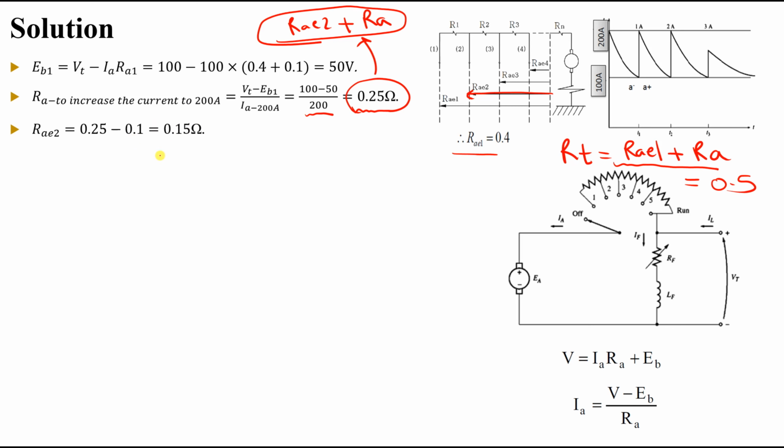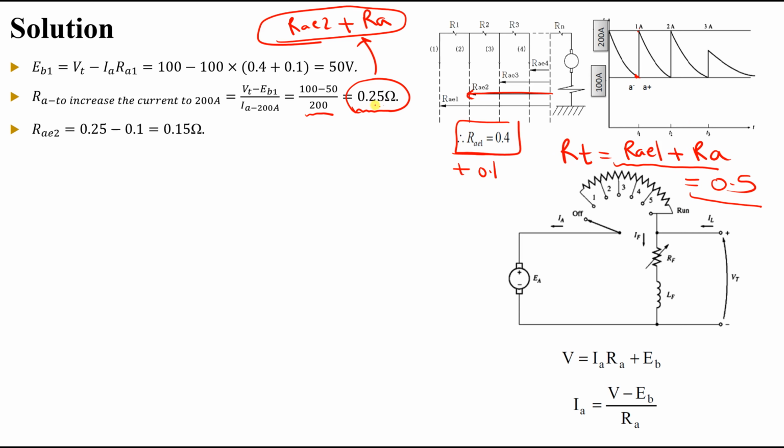So again, if you don't understand it, let's repeat this. We have originally a resistance of 0.4, which is the total starting resistance, plus 0.1, which is the armature resistance, which is 0.5. Now, in order to make the current go from 100 amperes to 200 amperes, the resistance will go to half its value, which is 0.25, right?